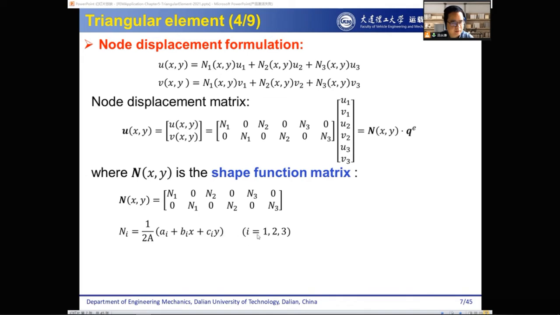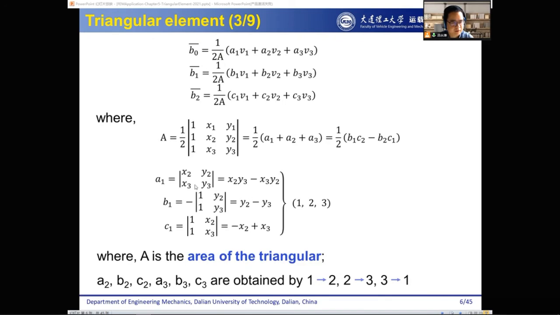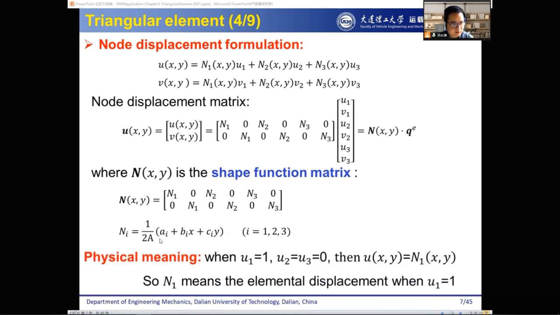Okay, here you see also i can be 1, 2, 3, or it can be a loop. And this equation also is from the mathematics before. It's all from the mathematics. So this equation represents 3 equations.